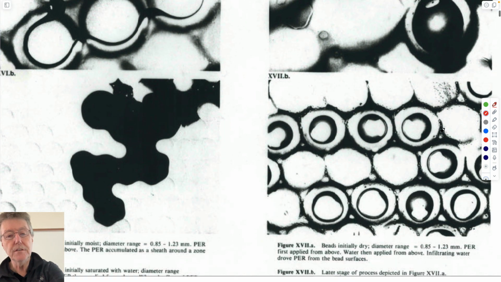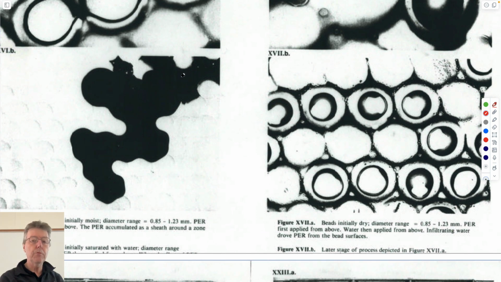And what they'll do is that they will form these ganglia. You can't see it very well here, but these circular outlines are the beads, which are the bead pack, which is the porous medium. This is the stuff that's been spilled into the water, which is saturating this porous medium, and it's tended to take this tortuous path through here, because, I'll give away the punchline, these are the pore throats which are largest and allow it to go through.